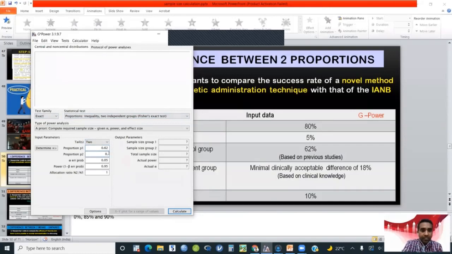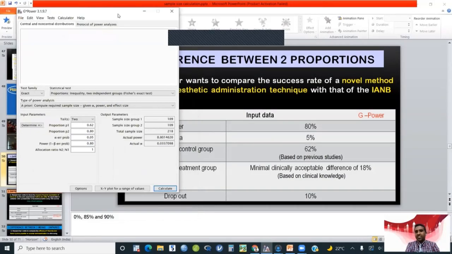It is 80%. 62 plus 18 equals 80%. Alpha at 5, power at 80%, and allocation ratio 1:1. So it is 109, 109. Total is 218. Now 218 patients are required to prove the statistical significance.